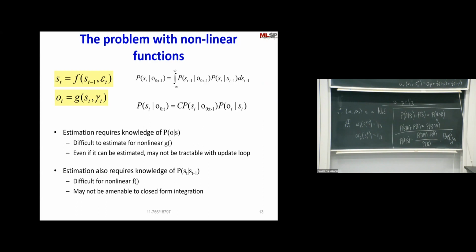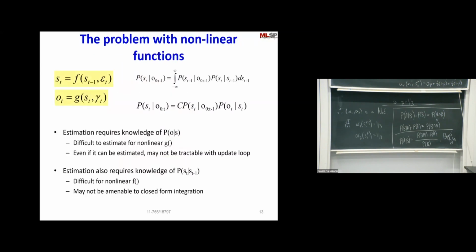The probability of the state at time t, given all observations until t minus 1, was the integral over st minus 1 of p of st given st minus 1 times p of st minus 1. Now if you look at the state equation, both of those terms may be ugly, right? So every one of these update rules can actually be ugly and end up being intractable.